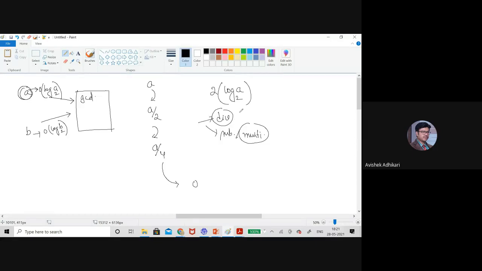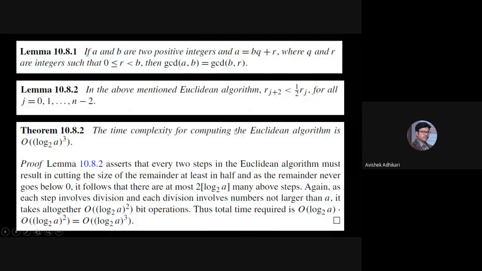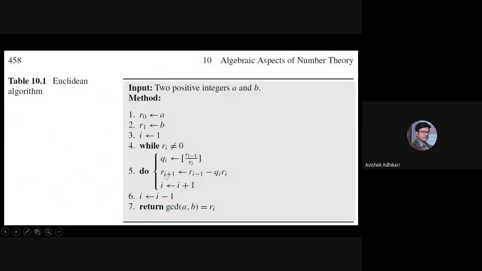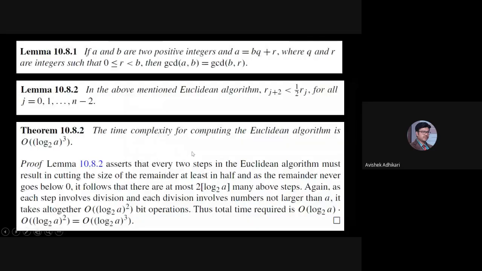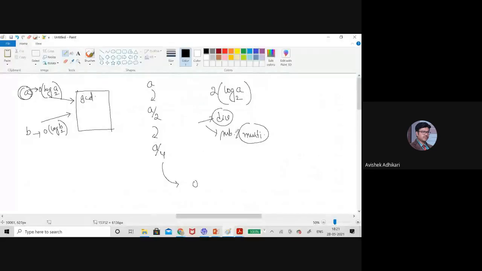So you are dividing and subtracting from Ri plus 1, Ri minus 1, etc. But each of these Ri's are strictly less than or equal to A. So none of these values are more than A. You can understand that here some multiplication is done, here some division is done, but all these values, Qi's, Ri's, all of them are less than or equal to A. So for division or for multiplication, you require this into log A base 2 many bit operations.